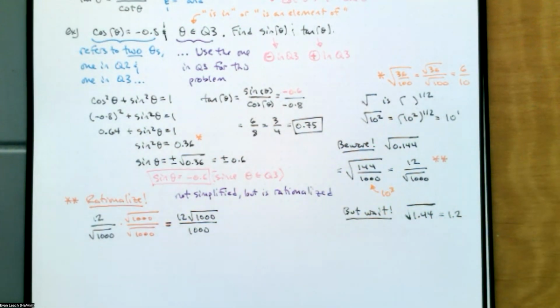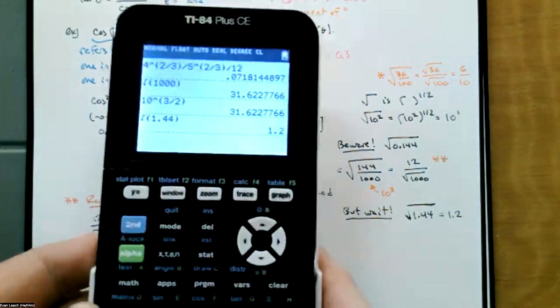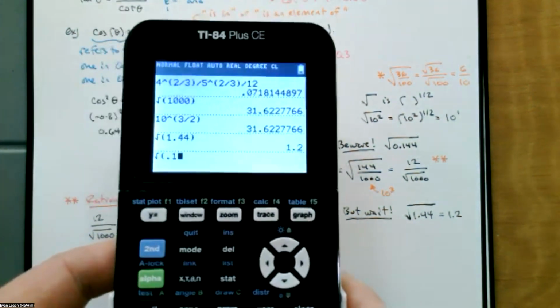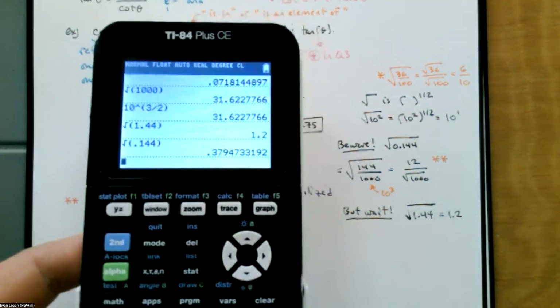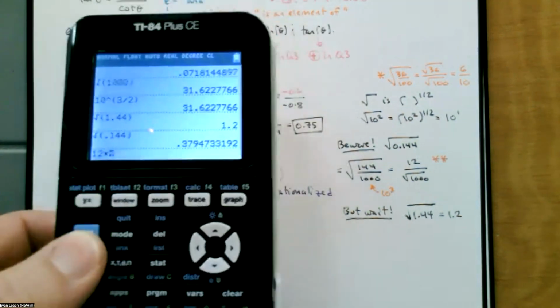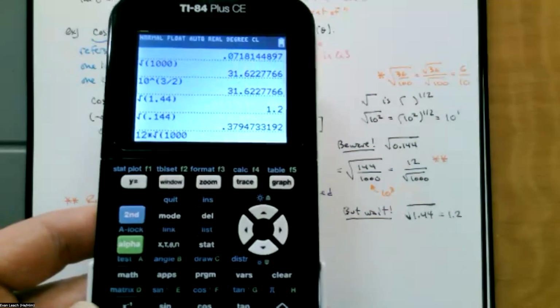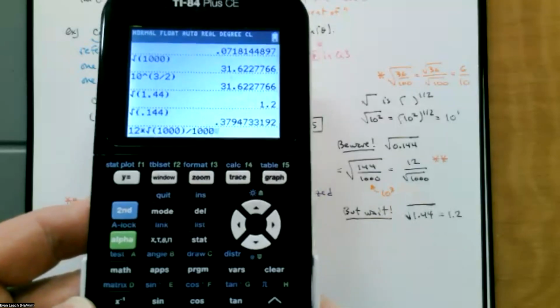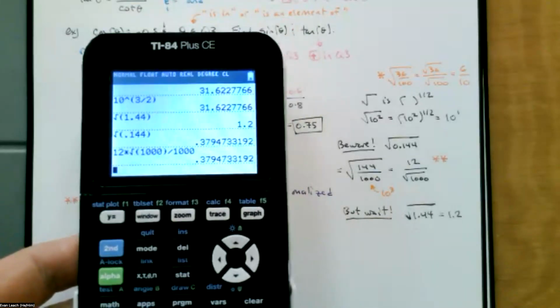So that 12 root 1,000 over 1,000 is not simplified, but it is rationalized. So we can see that they are the same value.